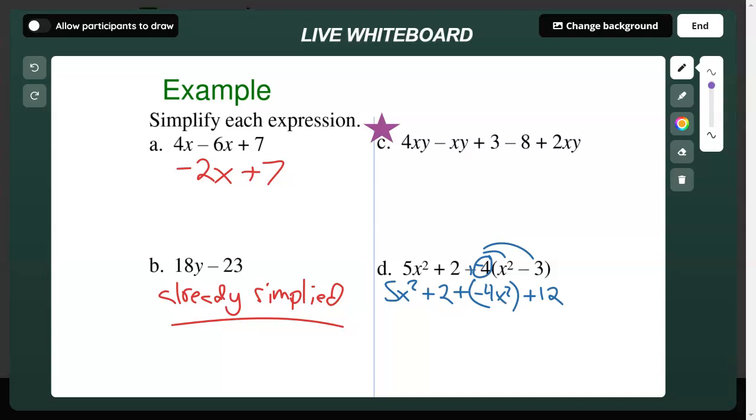Our commutative property lets us move things together so that I can combine my like terms, and then add those together. 5x squared plus negative 4x squared, x squared, or 1x squared. But again, that 1's an identity. We don't need to write it. It's implied. And then 2 plus 12, 14. So x squared plus 14.